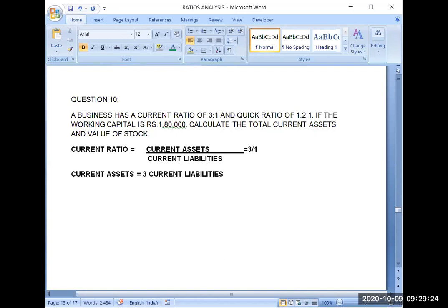So now I have made this equation with the help of the information given in the question. Now second information which I will be using here, formula of working capital. Working capital is equal to current assets minus current liabilities.